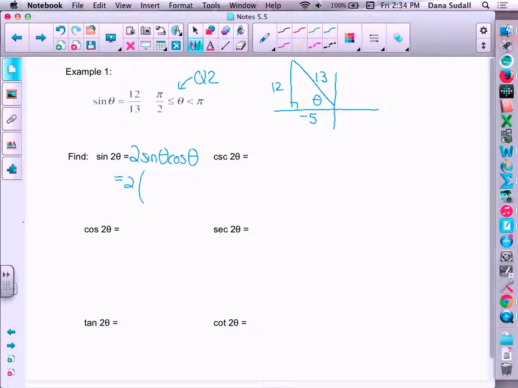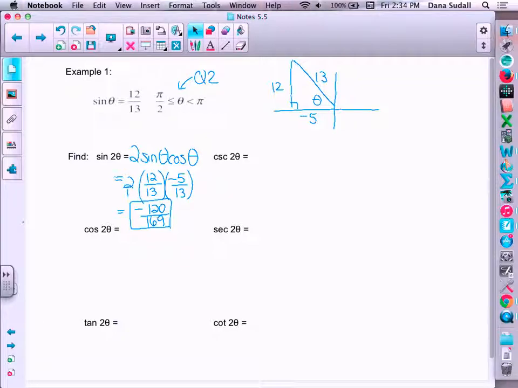Sine for angle theta is 12 over 13, opposite over hypotenuse. The cosine for angle theta would be adjacent over hypotenuse, which is negative 5 over 13. And then multiply in fractions, you can make that 2 over 1 if you like. Top times top times top will give me what? Negative 120. And bottom times bottom times bottom is 169.